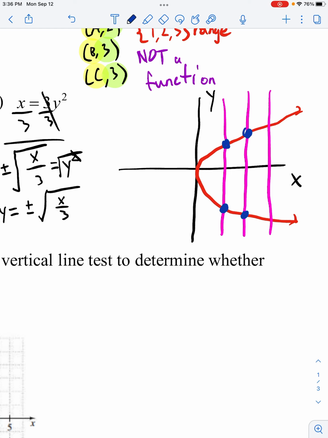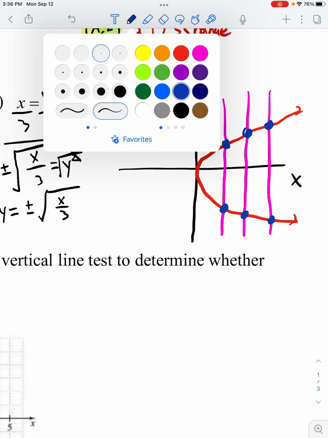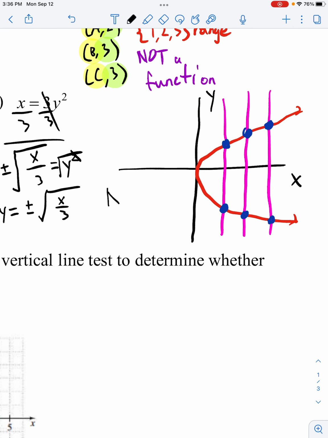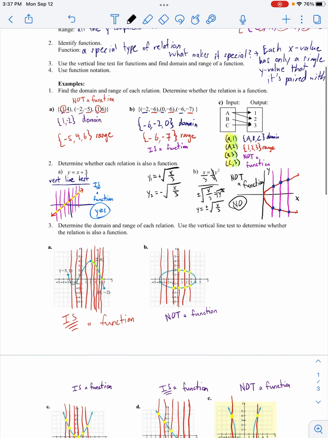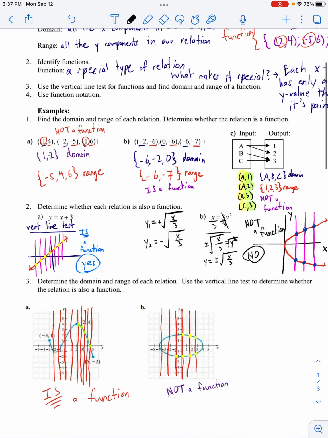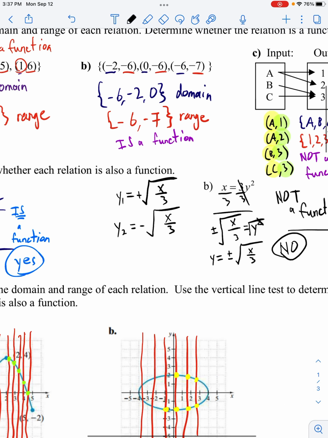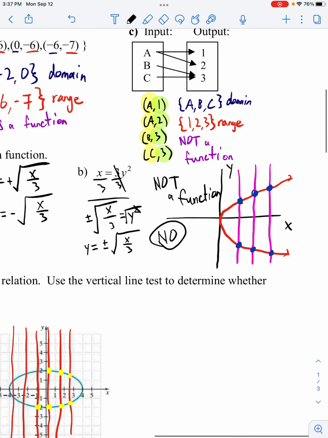So this is not a function. Not a function, okay? So the first relation is a function, the second relation is not a function.